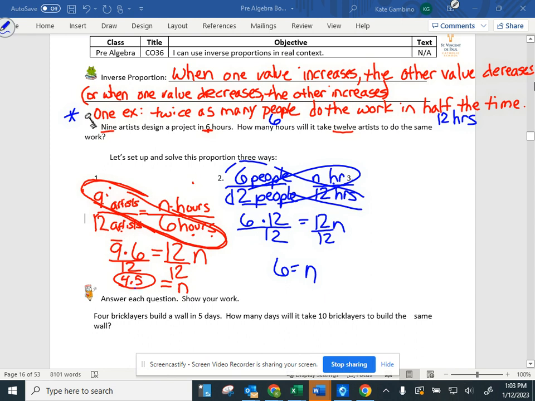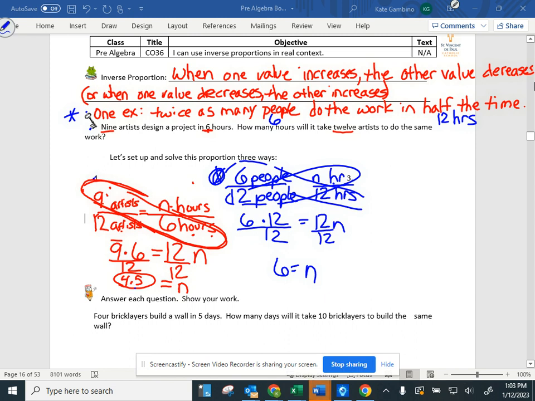For this one, we did a different problem. The first one was the artist. The second one was the people. So it's a different problem, so it's a different answer. We're not going to do this proportion number 2, a way to solve it. Mr. Schultz said it's pretty much the exact same way, so just do another example of solving it this way.